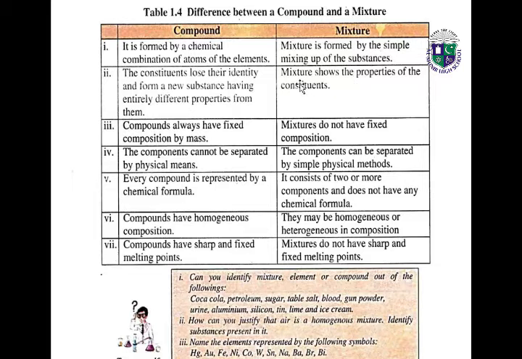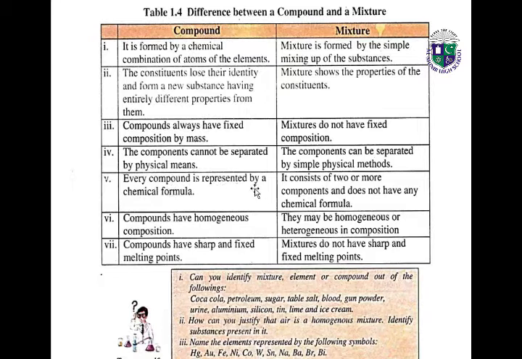A mixture shows the properties of its constituents. Number 3: compounds always have fixed composition by mass, while mixtures do not have fixed composition. In case of compounds, the components cannot be separated by physical means, but mixtures are the opposite, their components can be separated by simple physical methods.